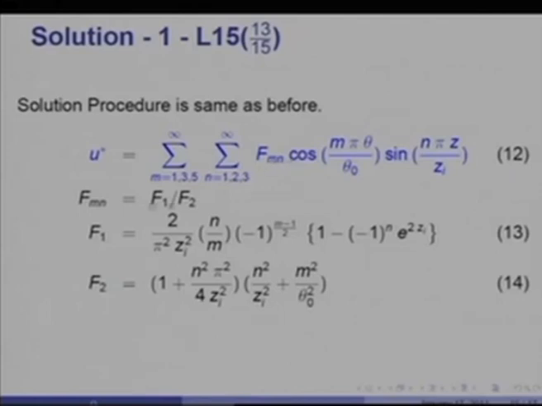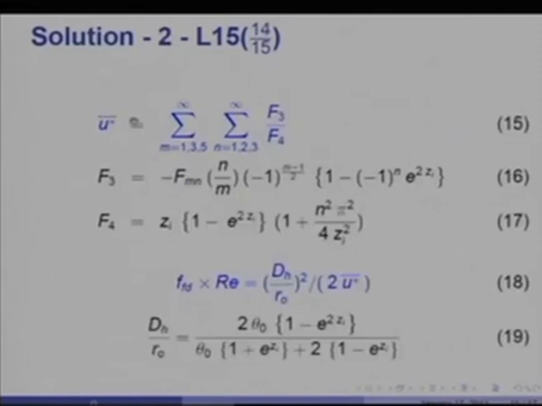We can evaluate that in the manner I explained earlier. Fmn would be equal to F1 divided by F2. F1 of course is given by that. Zi, as you know, is ln Ri by Ro, and F2 would be given by this, which also includes the included angle theta naught.